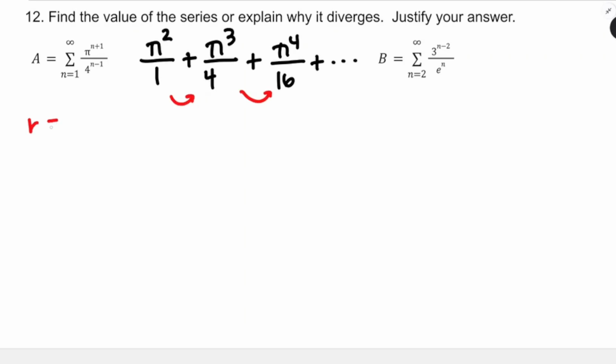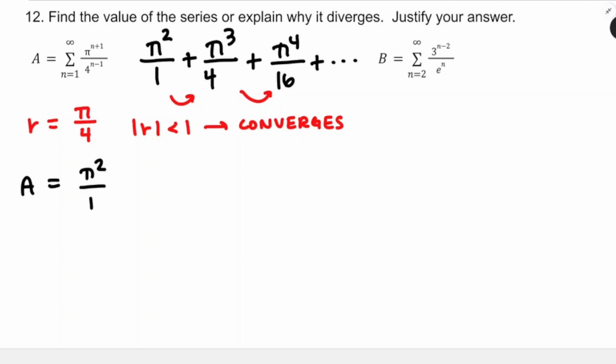The common ratio is pi in the numerator and 4 in the denominator. And again, the absolute value of r is less than 1 because 4 is bigger than pi. Okay, so that gives me convergence. And then, let's see, the value of a is the first term multiplied by 1 over 1 minus the common ratio.